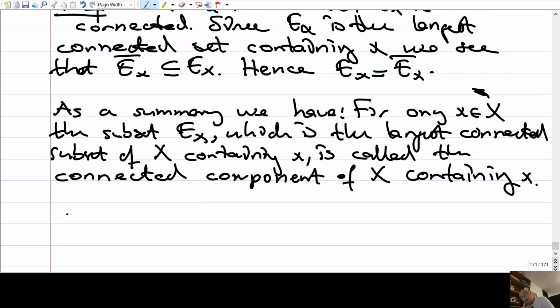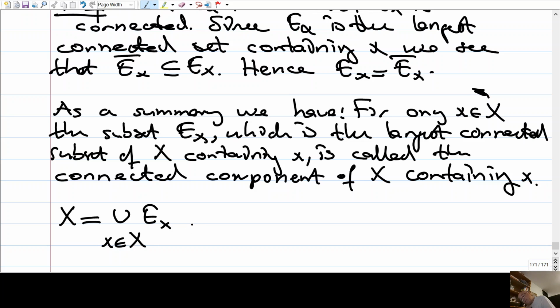Clearly, our metric space is a union of this kind of subsets, okay? And these subsets are largest connected subsets, and they are equivalence classes, right?